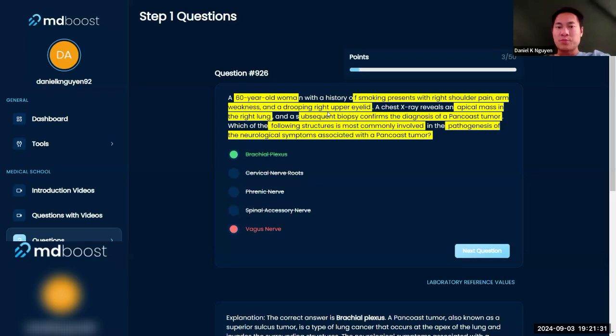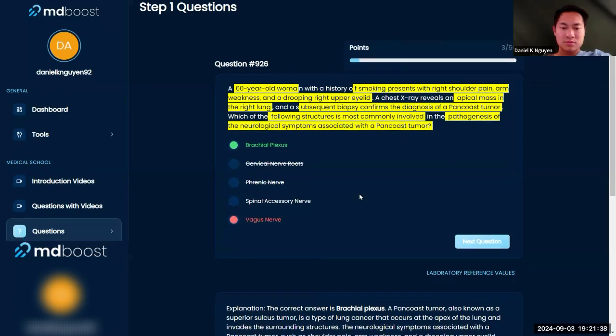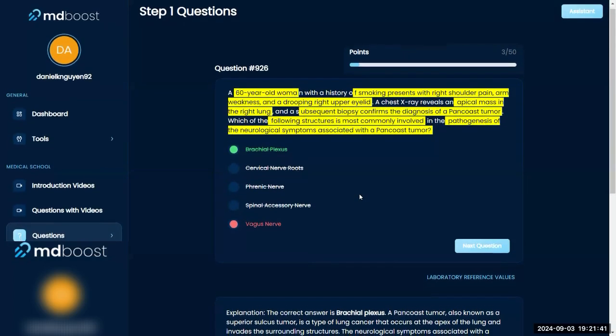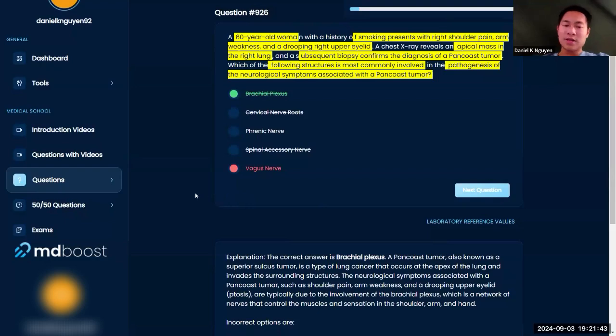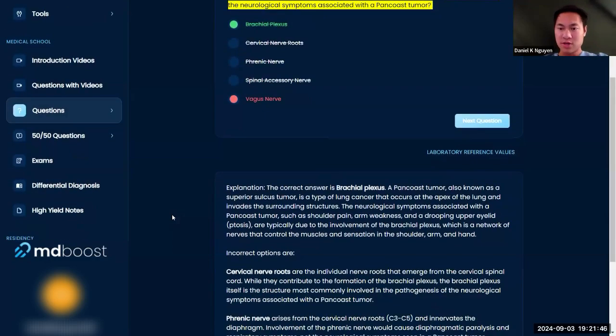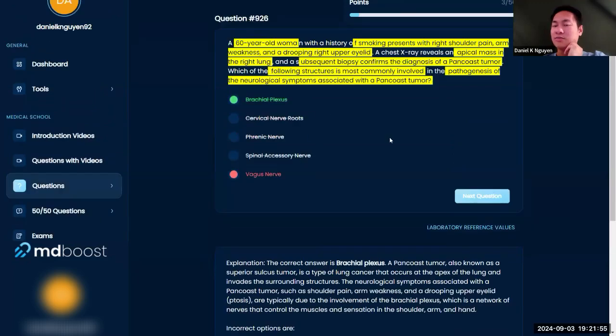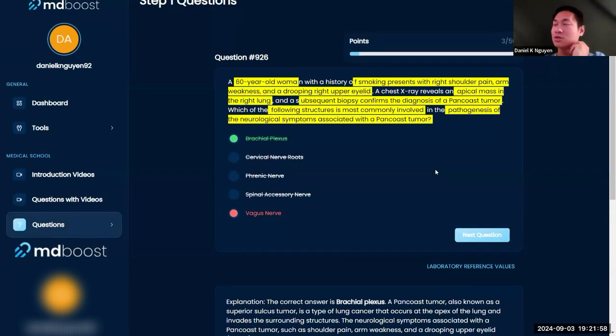So talk about the drooping right eyelid. What do you think causes that? From the brachial plexus. Yeah, it's mainly because you get Horner syndrome. Remember, the brachial plexus region has some sympathetic nerve fibers. Horner syndrome is ptosis, miosis, and anhidrosis, so you don't really sweat, and your pupils are asymmetric, one side more constricted compared to the other.